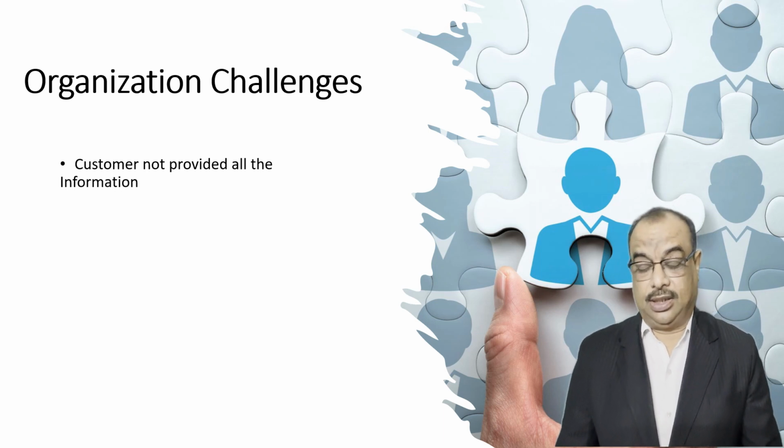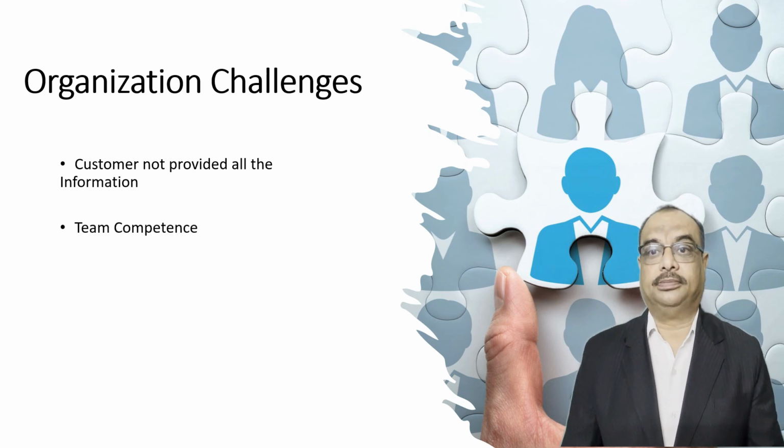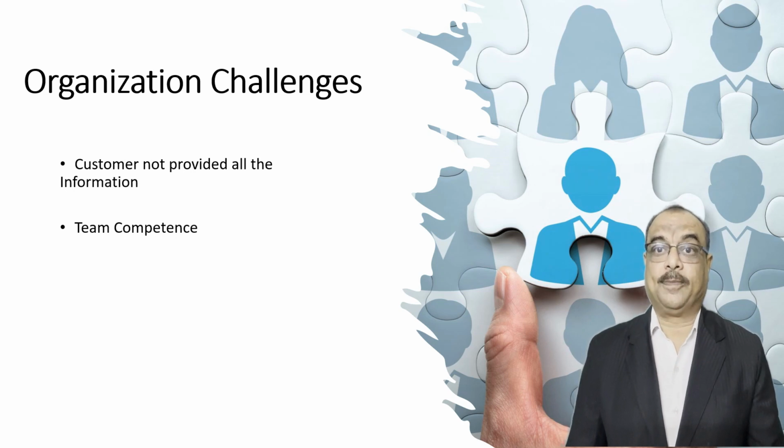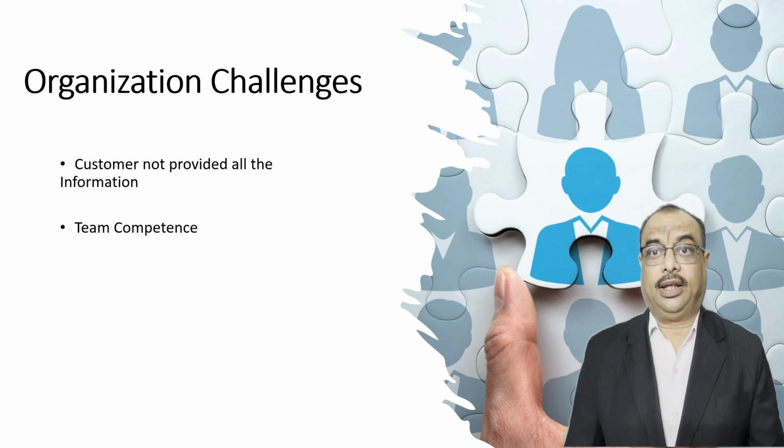The second thing is related to responsibility. Sometimes the organization doesn't understand the importance of responsibility, because sometimes the product realization process owner thinks this is the marketing process's responsibility.